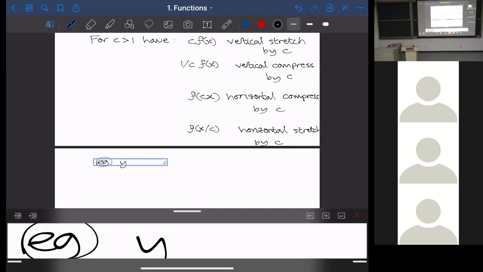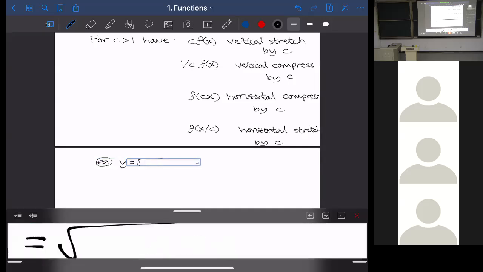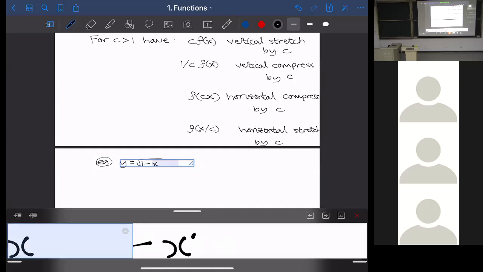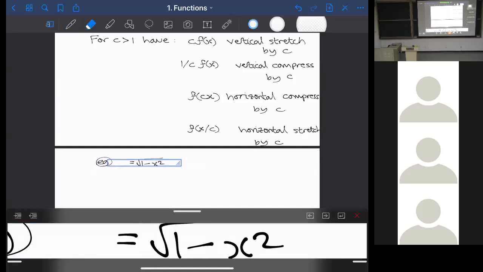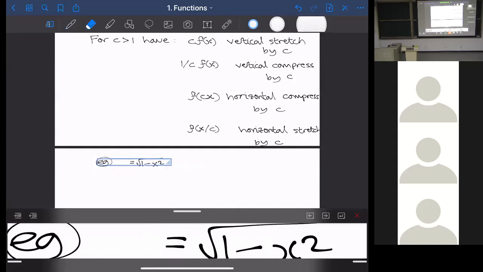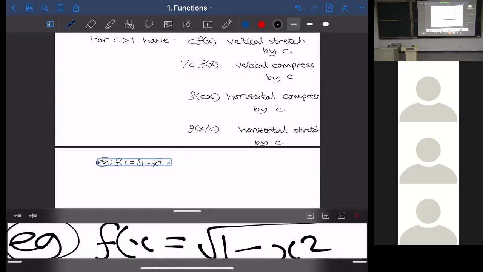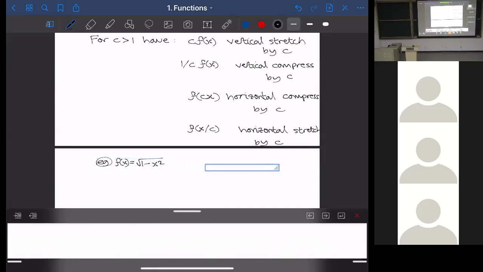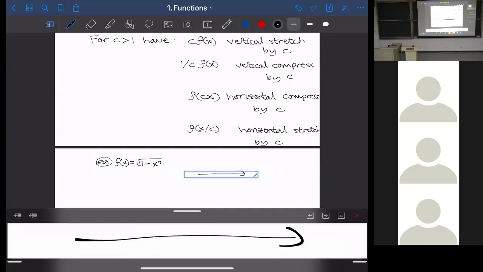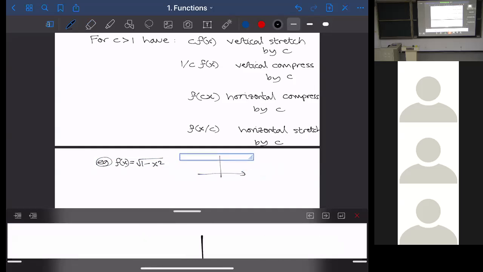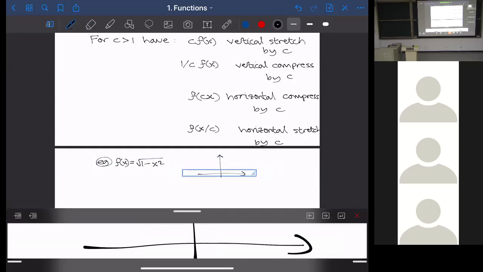So for example, the graph of, let me write this in functional notation first. So if f(x) is the square root of 1 minus x squared. So remember from before, the graph is a semicircle.